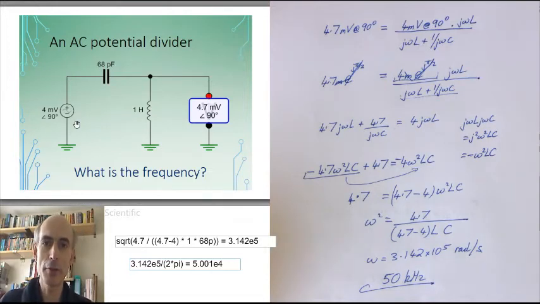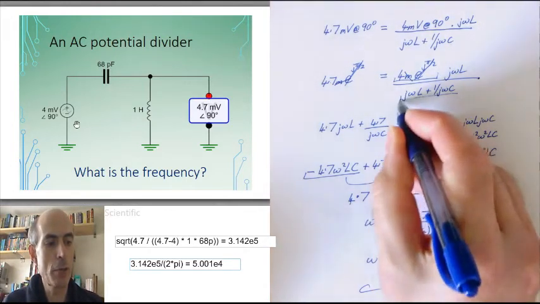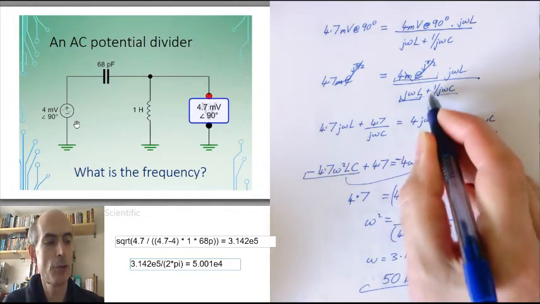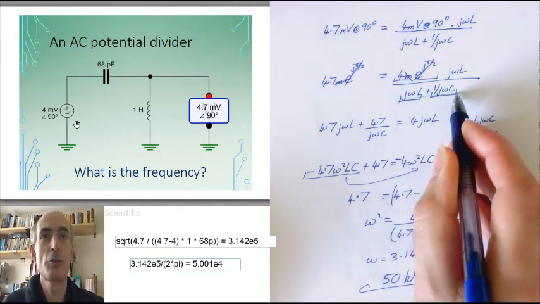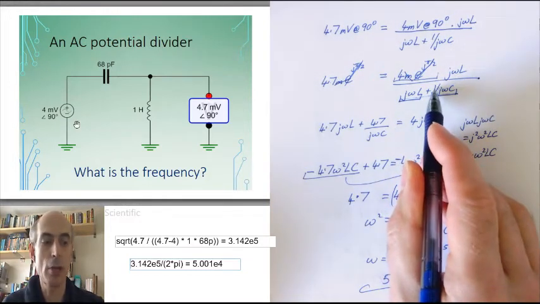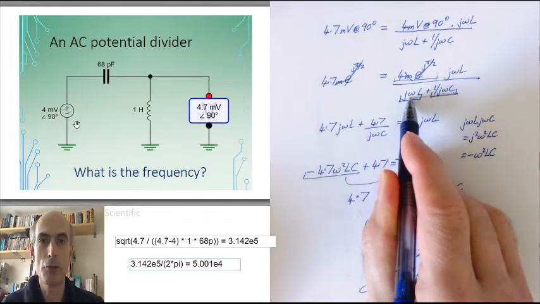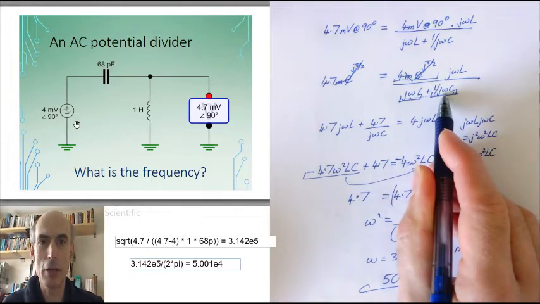And this is something that cannot happen at DC with just resistors. But when you've got capacitors and inductors in the circuit, you can get this to happen, because what's happening here is that this j omega L and this 1 over j omega C, which is actually equal to minus j over omega C, that's a positive imaginary number, that's a negative imaginary number.